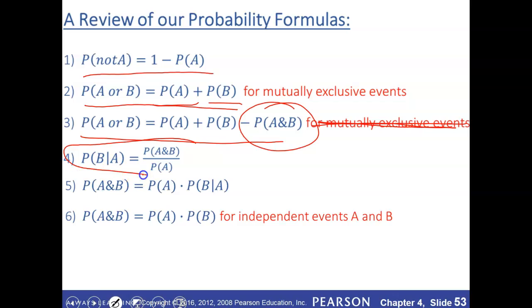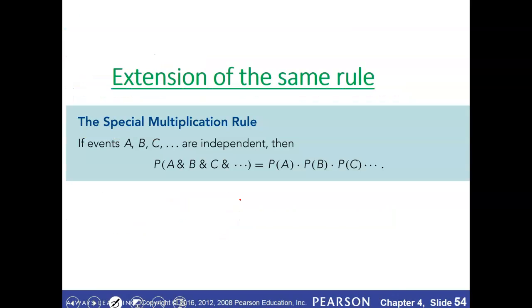Conditional probability rule, which is this one, the A is always in the denominator. And then we have the two rules for A and B happening. We either multiply the probability of A times the probability of B if they're independent events, but if they're dependent on each other, we take the probability of A times the probability of B given A. And that's what our rules are for assignment number 6.